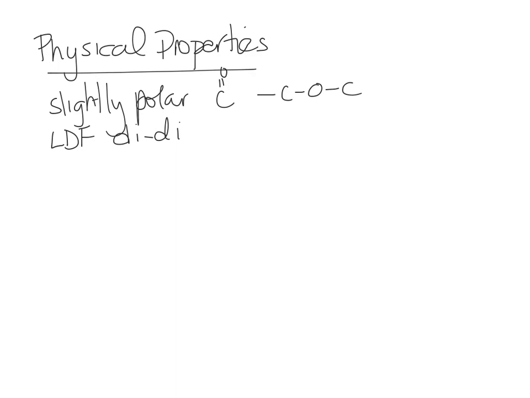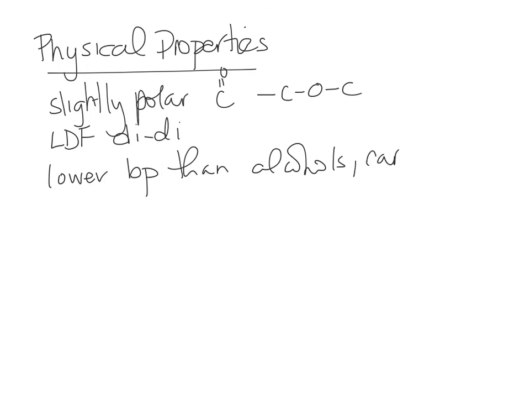No hydrogen bonding, but they can accept if something wants to hydrogen bond with them. So they have a lower boiling point than the same length alcohols and carboxylic acids, but higher than alkanes.